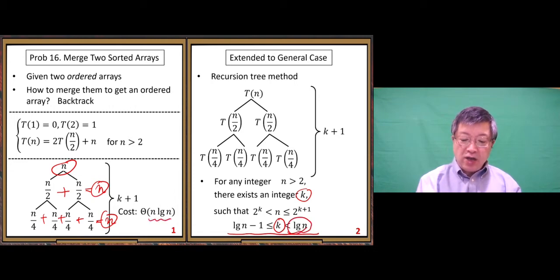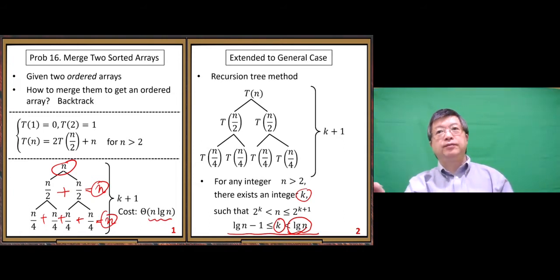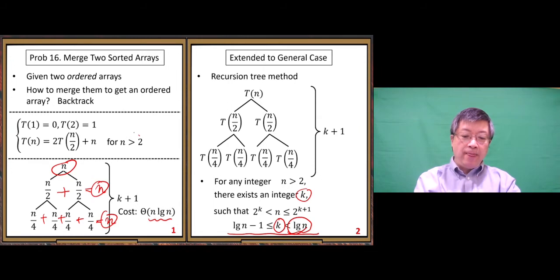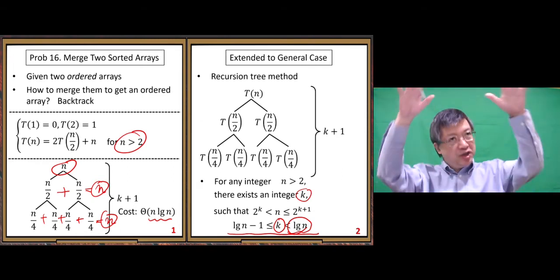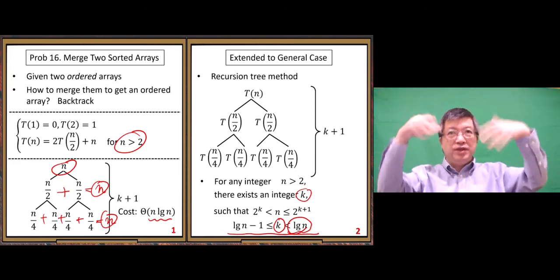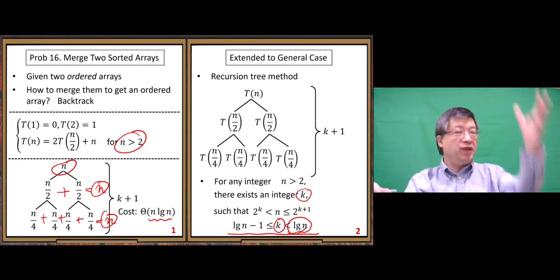So the total cost is approximately big theta of n log n. So we find the answer. That is for the general n, not the special n. But it is an estimate. You can see this estimate is pretty close. It's a good estimation.